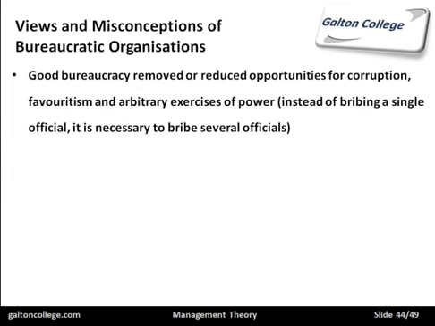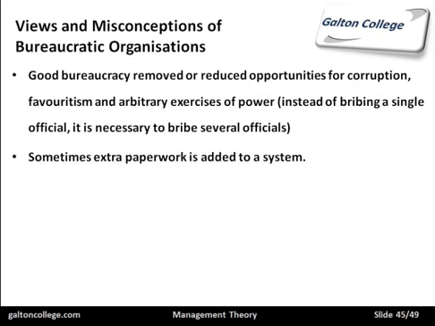So it wasn't the individual that was important, it was the whole bureaucracy that was important. And it was difficult, according to Weber, to cut off one section and corrupt that one section. So in terms of dealing with corruption, this would be a good organisation, according to Weber.